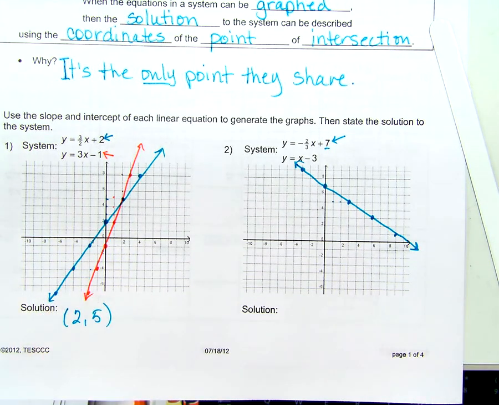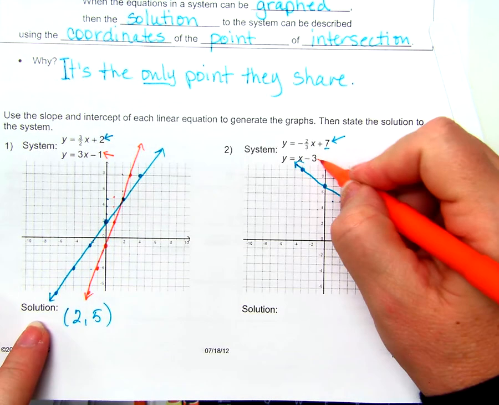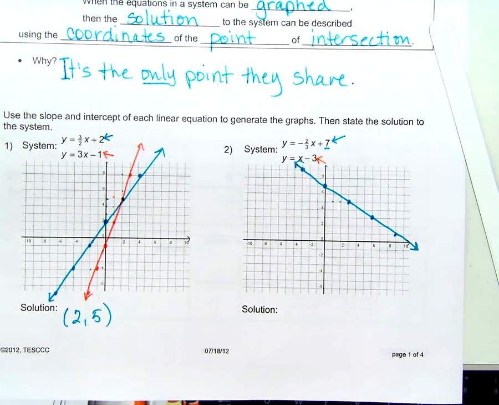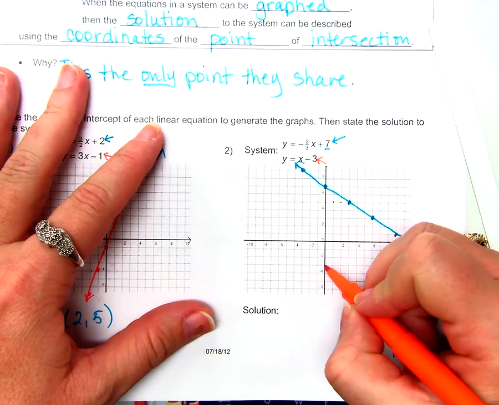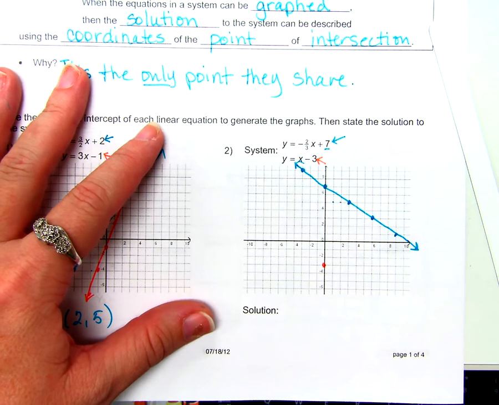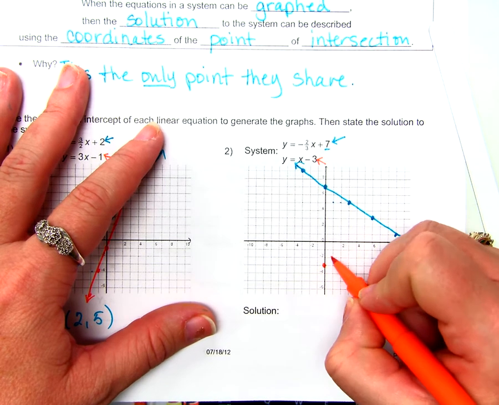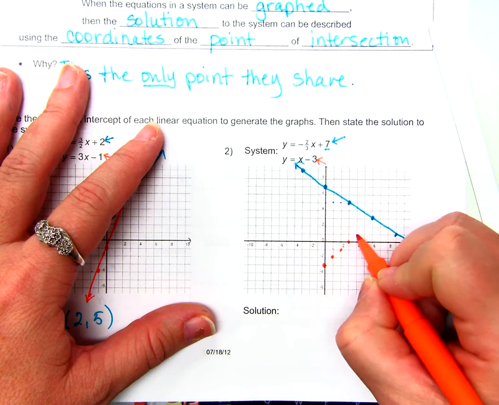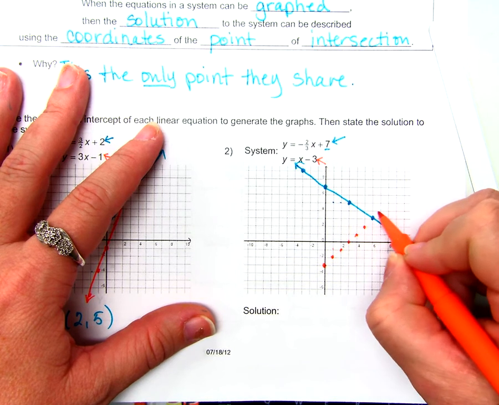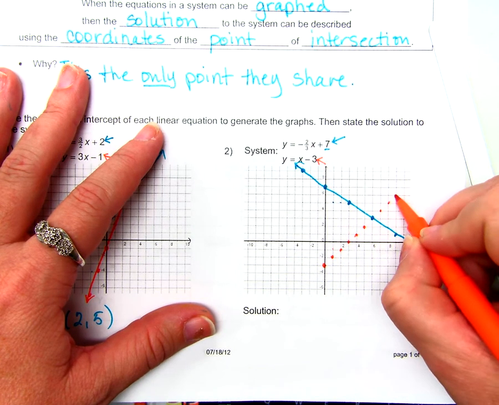Okay? So I'm going to graph the second line in orange. So I'm going to fall 3, or go down 3 on the y-axis. And then my slope is 1 over 1. Sometimes it does help if you make the sound, but you don't have to.